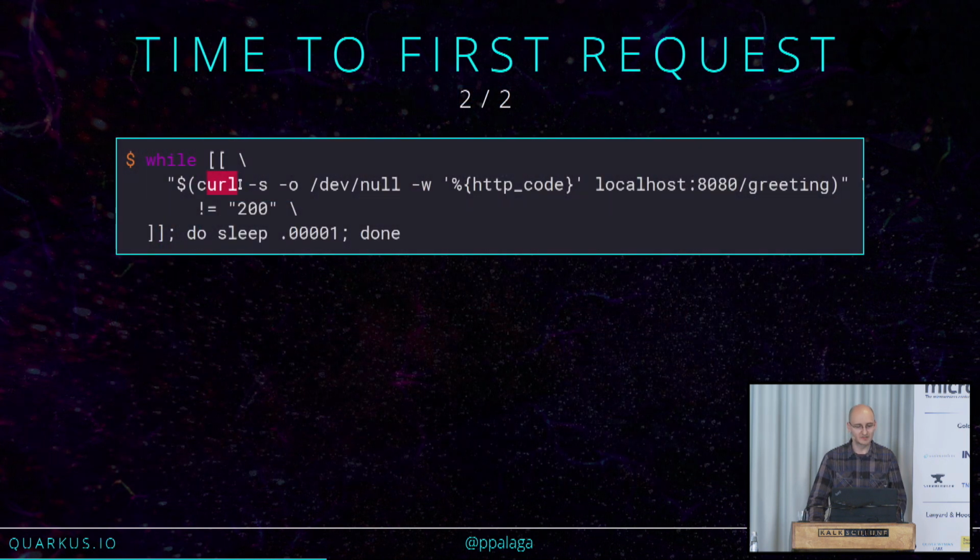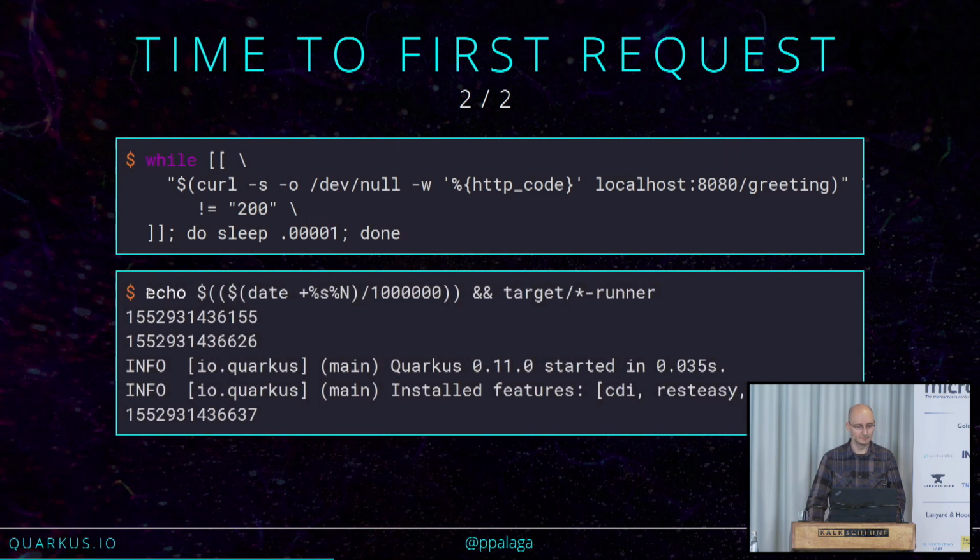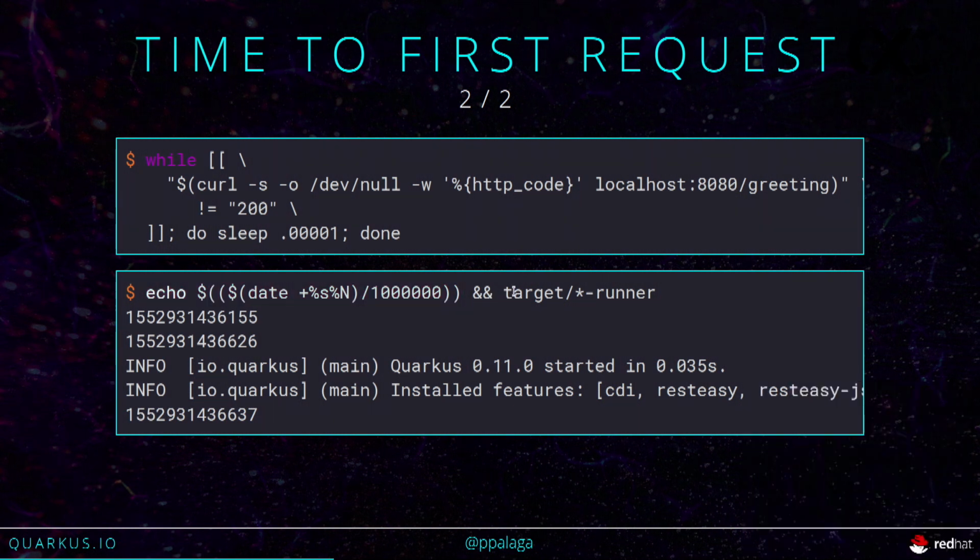Then you start your request producer. This one is 100 times a millisecond. Then you echo the console timestamp before starting your application, which is the echoed timestamp, and this is the last one, which is the one that we have output from the endpoint handler.